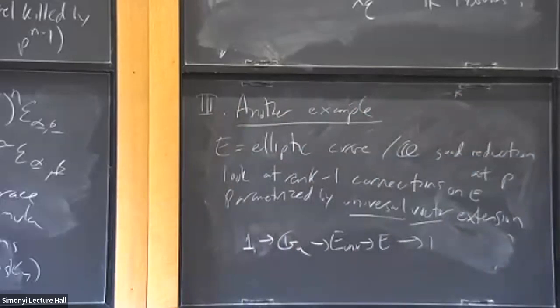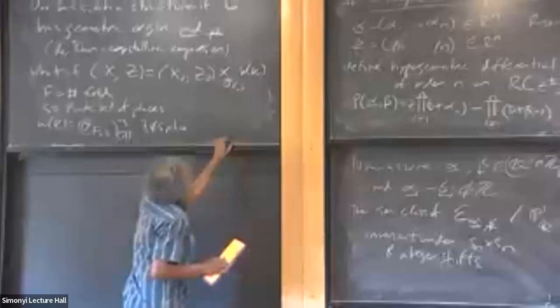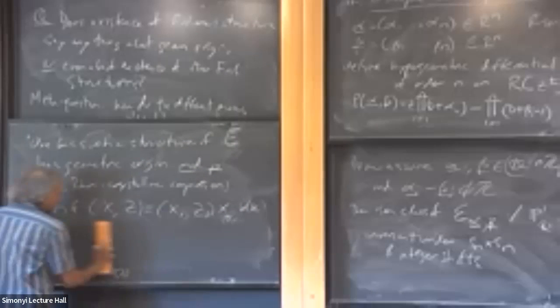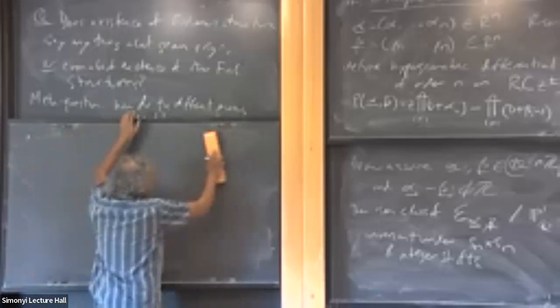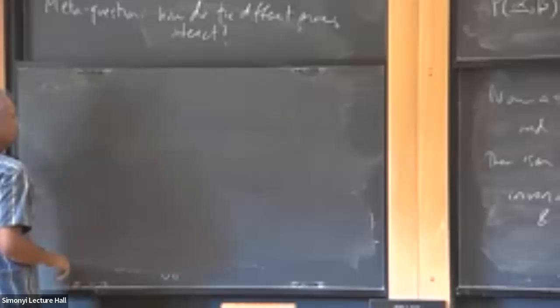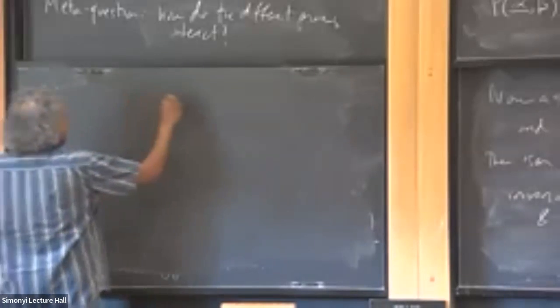But all I'm going to use here is that it's G_a. Now I want to apply this notion of an algebraic Frobenius structure in this situation. So I have to look at an integral version of this. I'm going to skip straight to what happens when you pass to generic fibers.